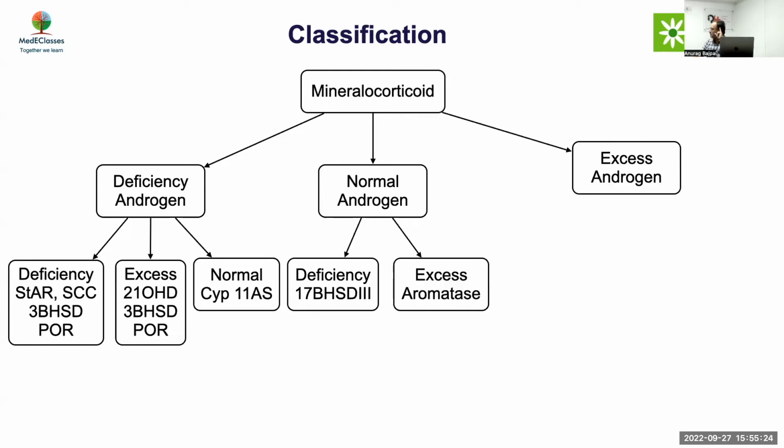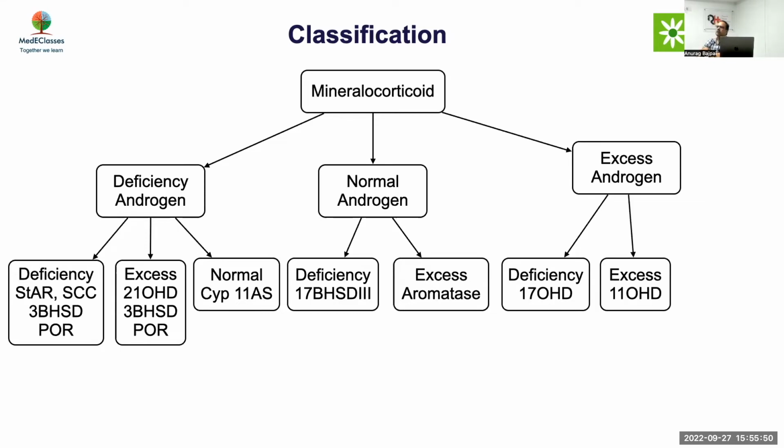Now, Vibha, mineralocorticoid excess and androgen deficiency. So that is 17-hydroxylase. If you have mineralocorticoid excess and androgen excess, what is the opposite of 17? 11.